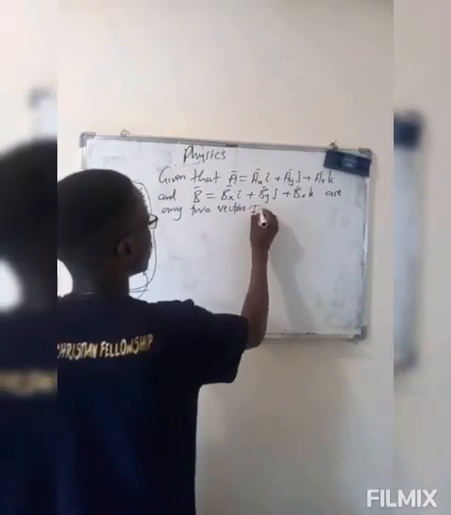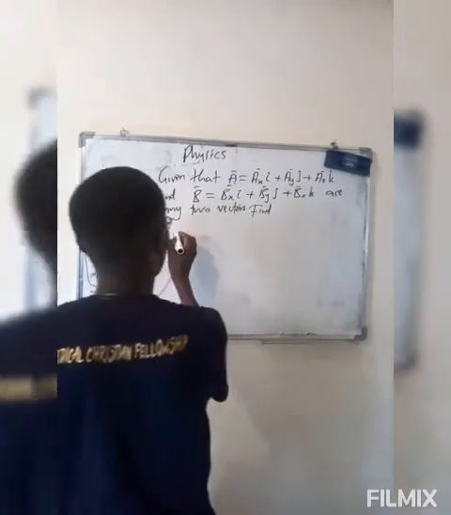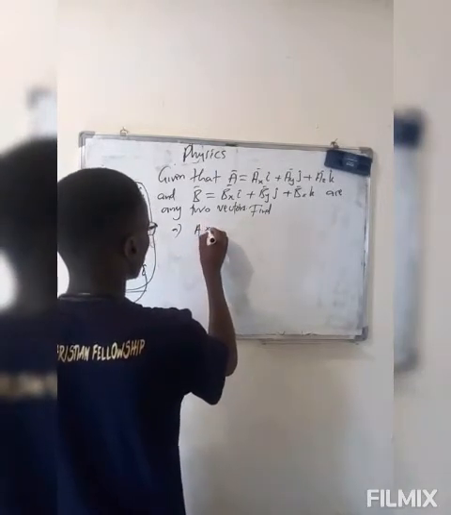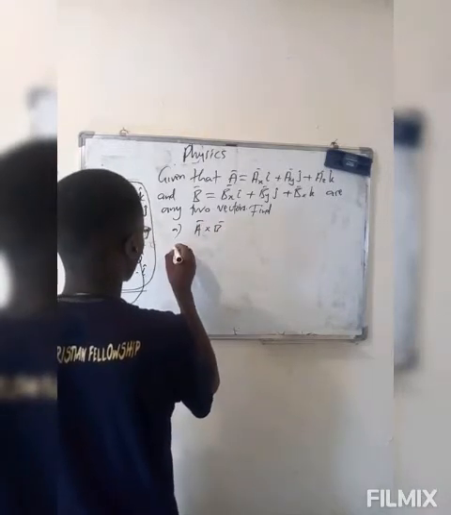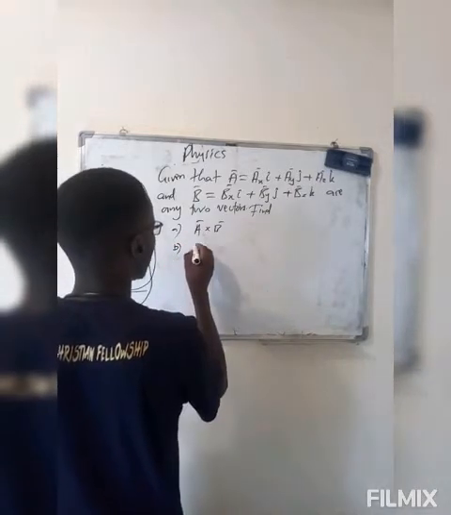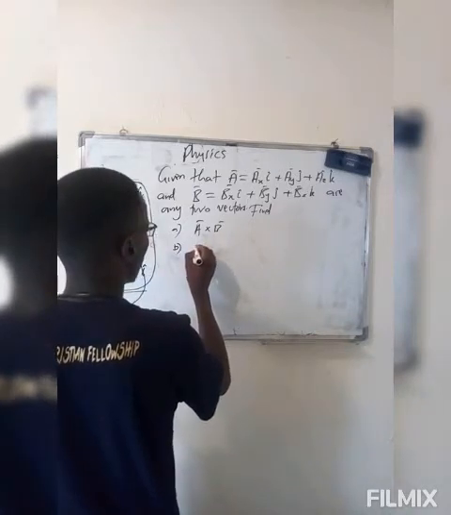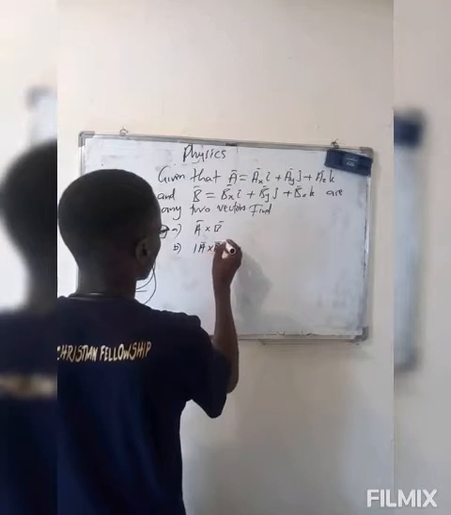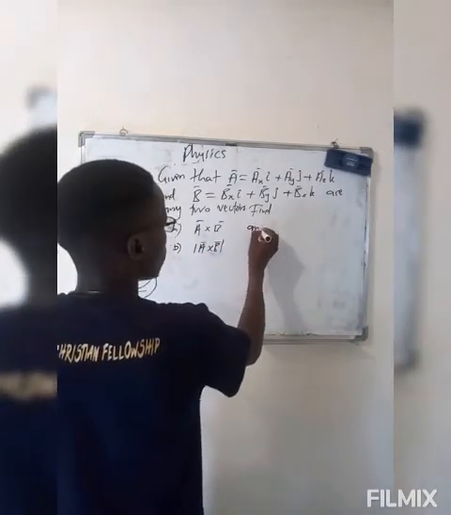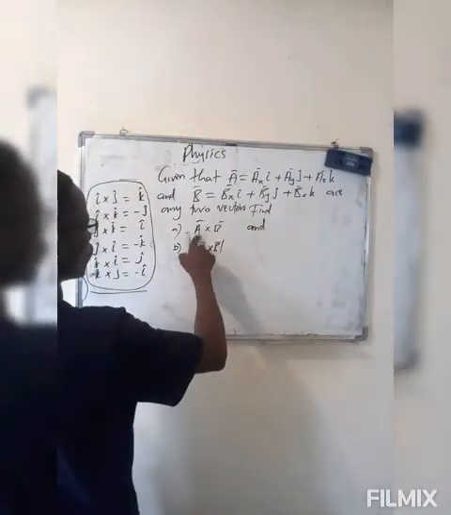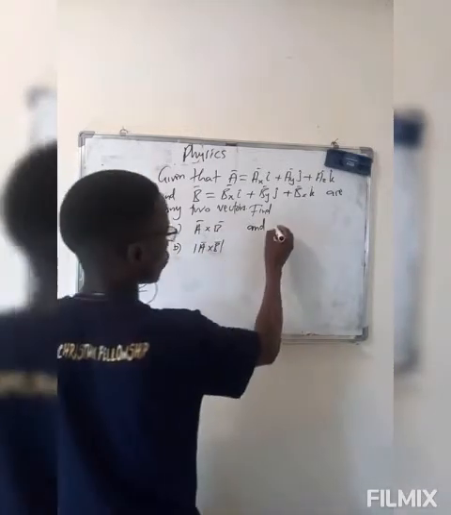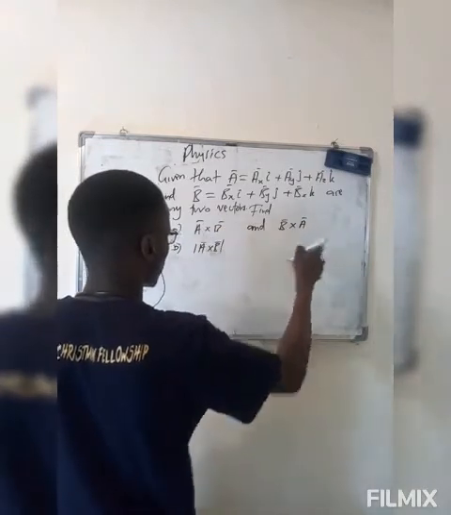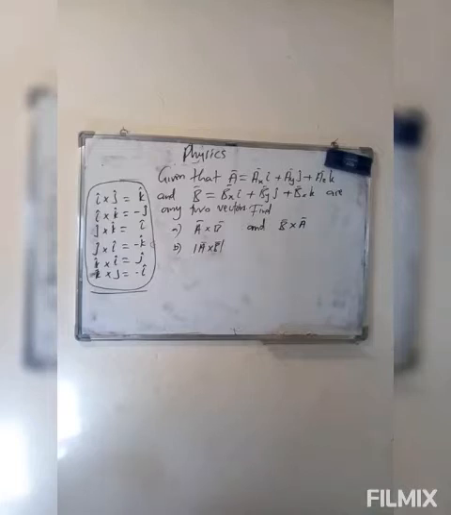Find A multiplied by B, and then find the magnitude of A multiplied by B. In your separate time, you should also find B multiplied by A. Do the same thing we're going to do here but reverse them, so that you notice that they are basically going to be the exact opposite.